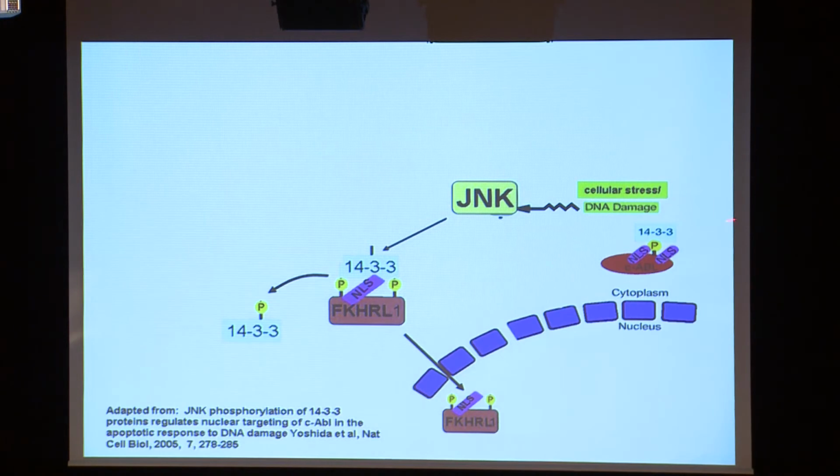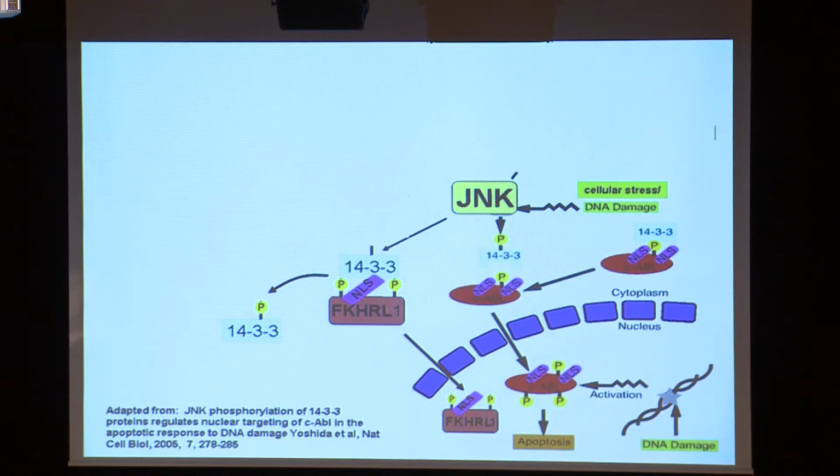Also, similarly, the c-Abl protein dissociates from 14-3-3, and this also goes back into the nucleus. And the net result is that both the c-Abl activates genes involved in apoptosis, cell death, and the forkhead protein also can stimulate. It's a transcription factor which will transcriptionally activate certain proteins and stimulate apoptosis.